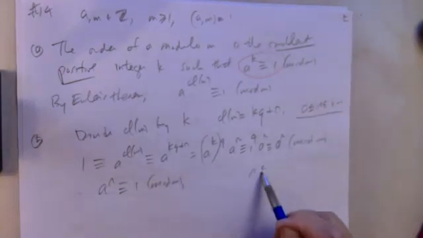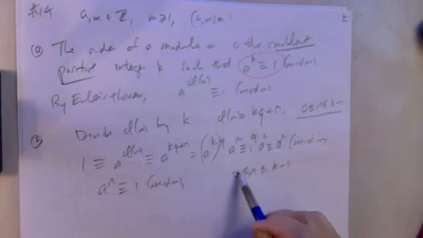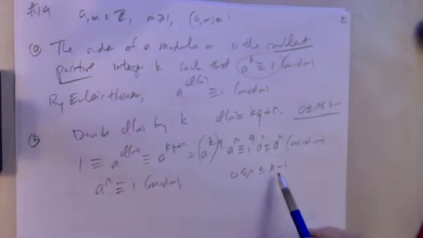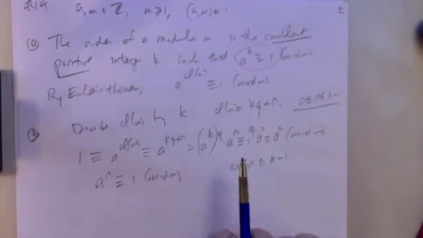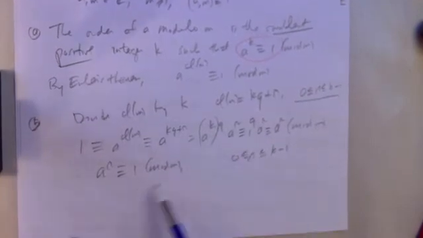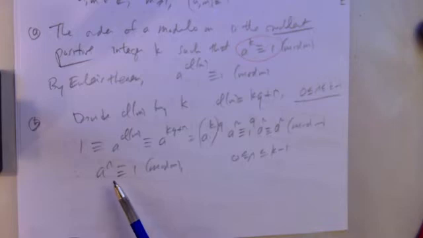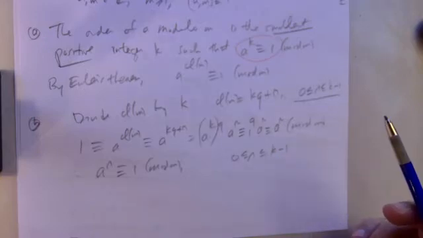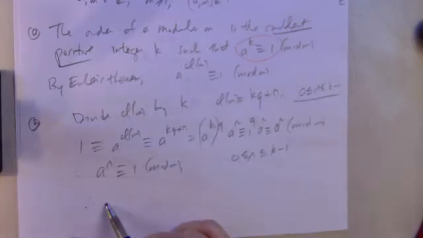And again, r is the remainder, which is between 0 and k minus 1. But k is the order of a. k is the smallest positive integer with this property. And r is smaller than k, so it can't be positive. Therefore, r has to be 0.